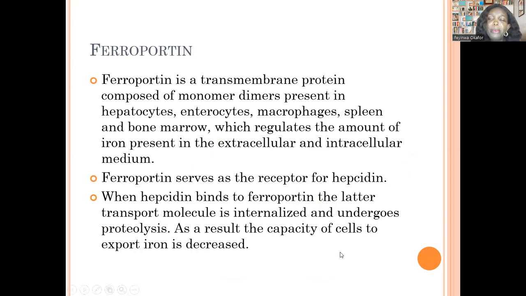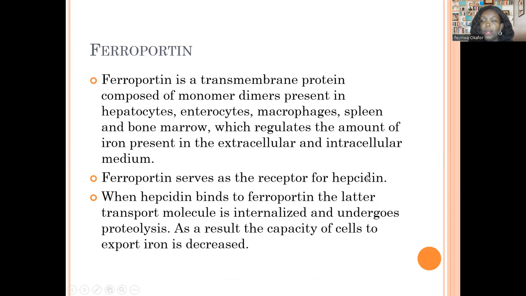Ferroportin is a transmembrane protein composed of monomers and dimers. You can find it in hepatocytes, duodenal enterocytes, macrophages, spleen, and bone marrow, where it regulates the amount of iron present in the extracellular and intracellular medium.